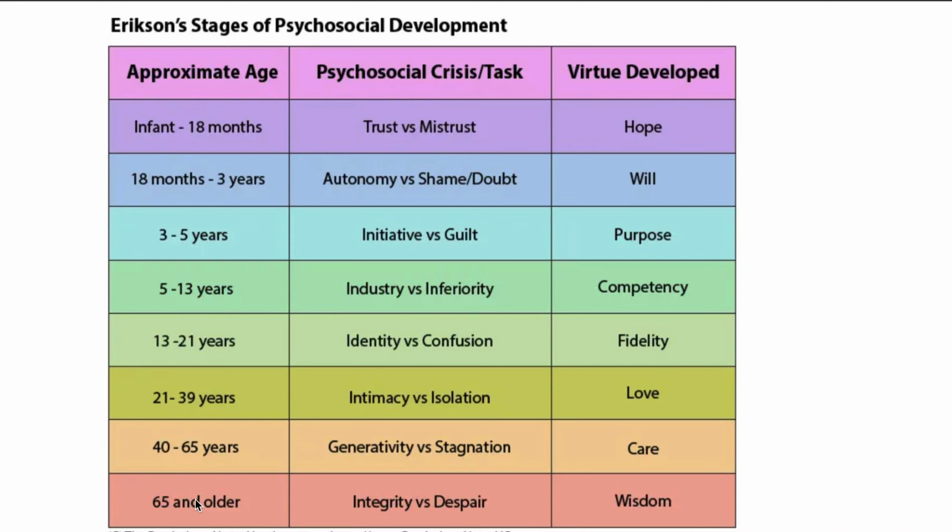Age 65 and older, integrity versus despair. The virtue developed is wisdom, or we can say the new lessons they have learned, the change in their behavior, and overall we can see that they have become developed.